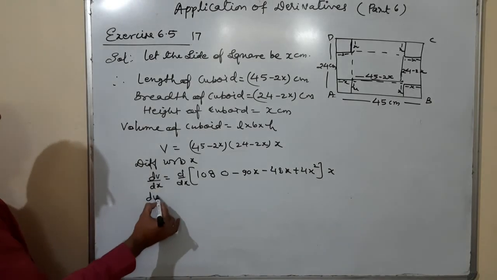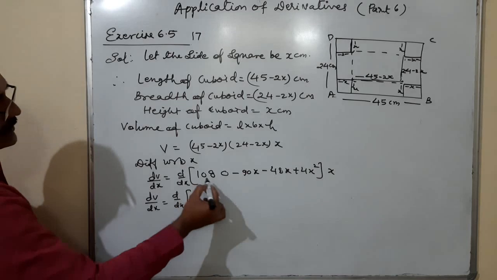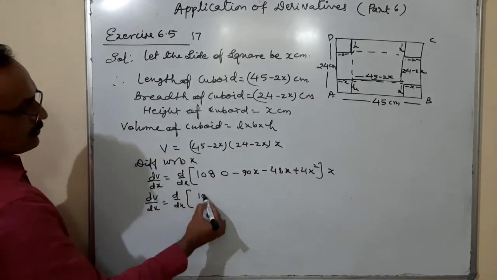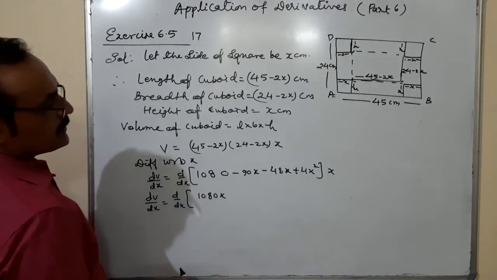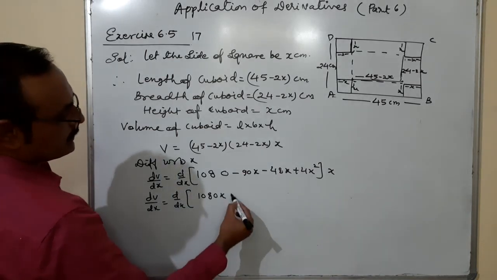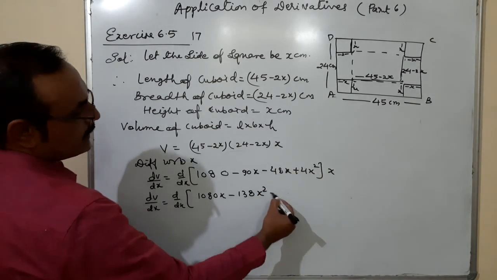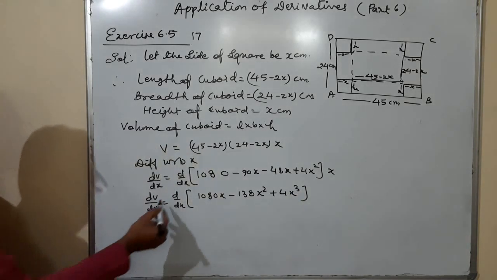So dv by dx is equal to d by dx. I have not differentiated now. First we'll make a simpler form of that. It is coming 1080x minus 90 minus 48, it is minus 138x square, plus 4x cube. Okay. Now differentiate.